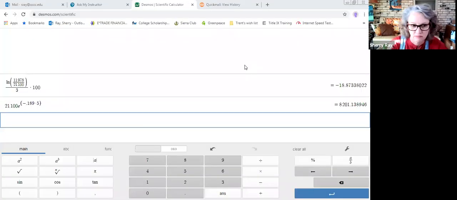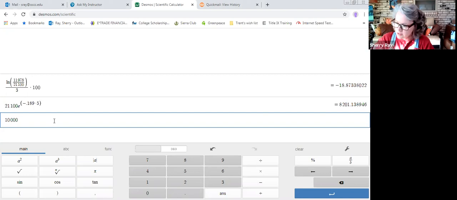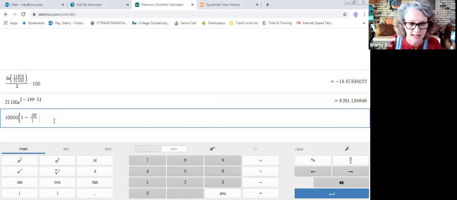Here's my calculator. I have 10,000, in parentheses, I have 1 plus 0.06 divided by, I'm just using my slash on my keyboard, 12.